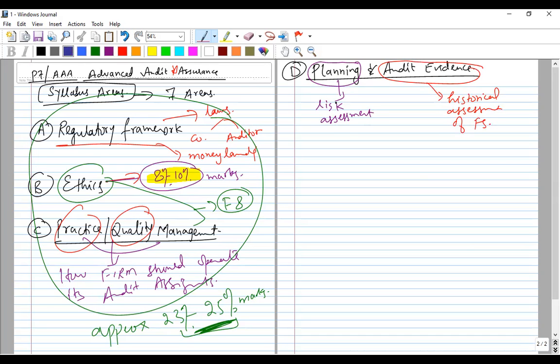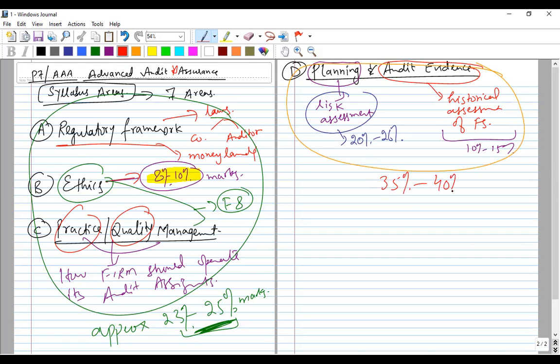Planning and risk assessment covers approximately 20 to 26 percentage of the paper, and the historical financial statements will also be examined, 10 to 15 marks. So this is a very important area, which comprises approximately 35% to 40% of your paper in terms of marks.